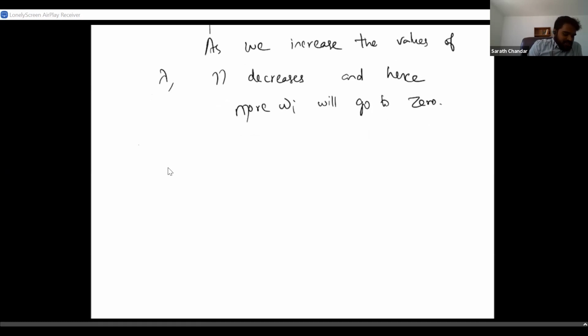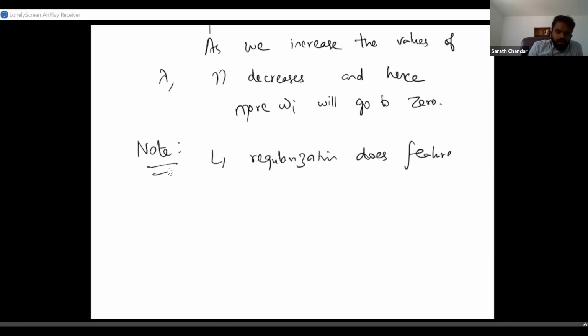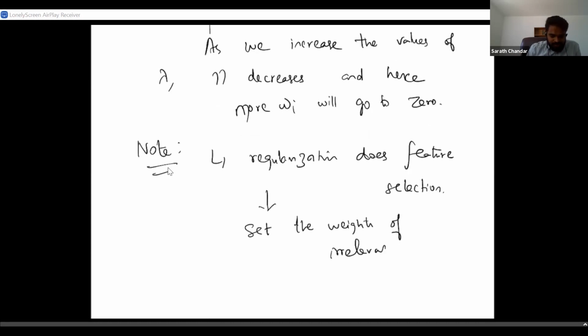Okay, so in some sense, L1 regularization does feature selection. Why? Because it sets most of the features to zero as you increase the strength of L1. In some sense, it sets the weights of irrelevant features to zero.